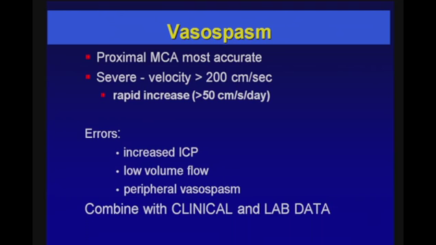This can include increased intracranial pressures. You can have abnormally low systolic velocities due to low volume flow, and there can sometimes be peripheral vasospasm. So it is critical to combine your clinical data and lab data with the actual TCD results.